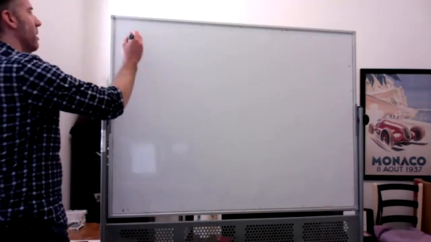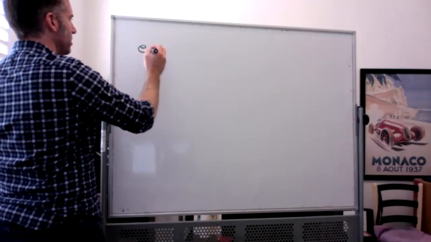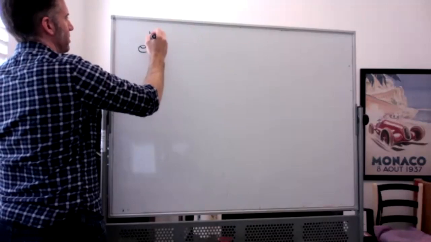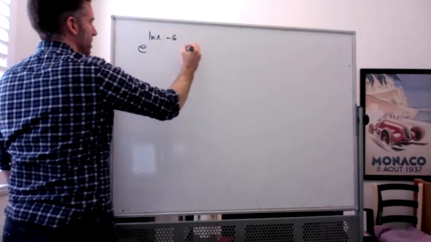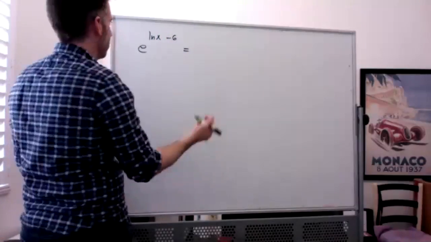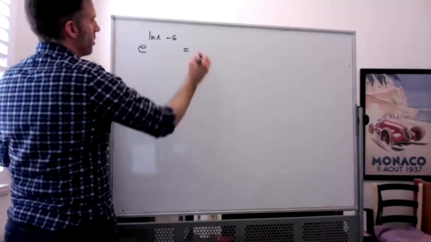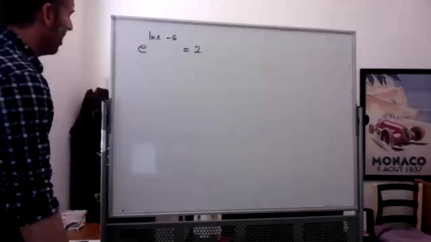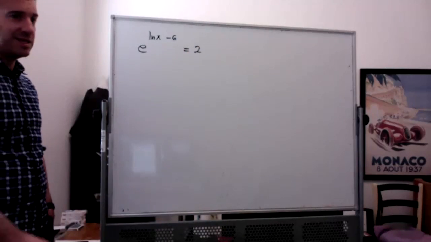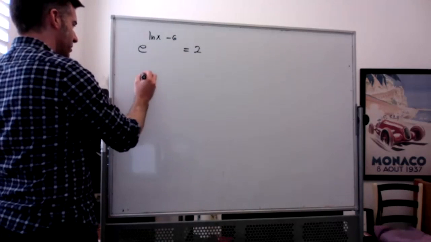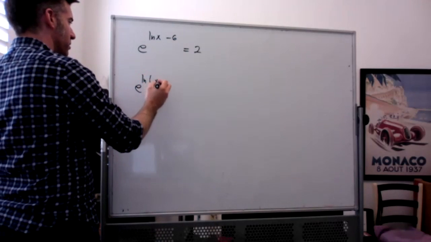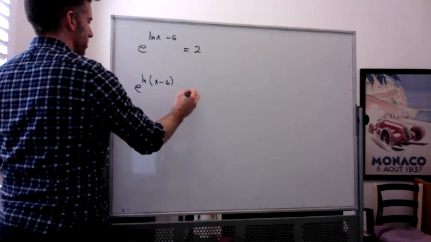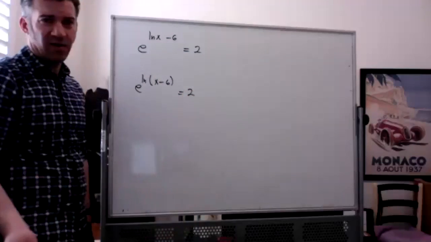A lot of people ask me about solving something like this. It was something like e to the natural log of x minus 6 is equal to, I'm going to make it more interesting, 2. The thing about this is it's not e to the natural log of (x minus 6), right, that would be easy.